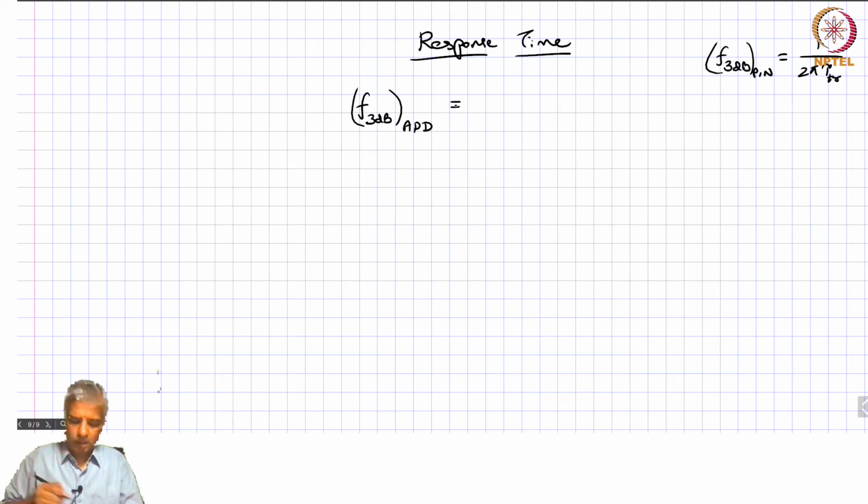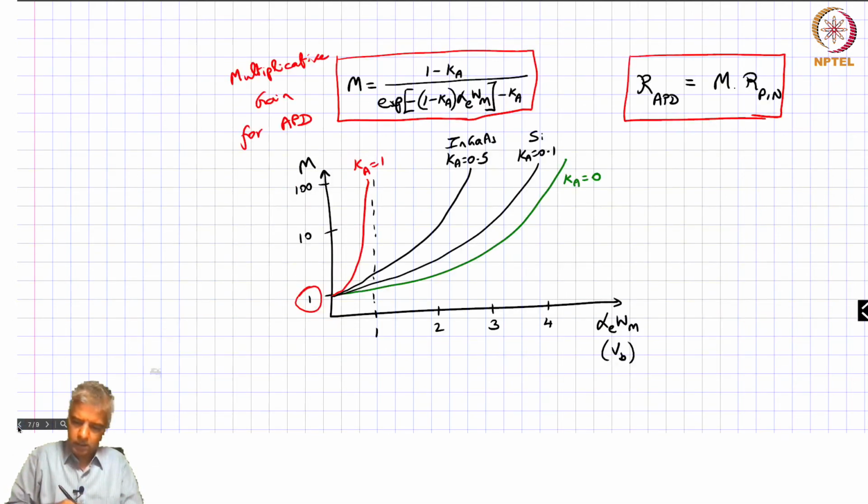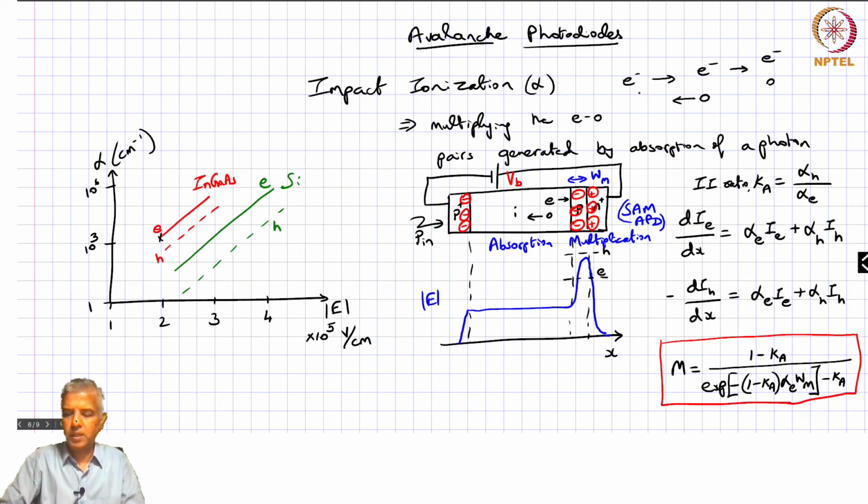If we go back and look at this picture over here, this is a sequential picture by which we are getting gain, from here to here, and then after this has happened, then this happens, and then from here you might have even more electron hole pairs generated.